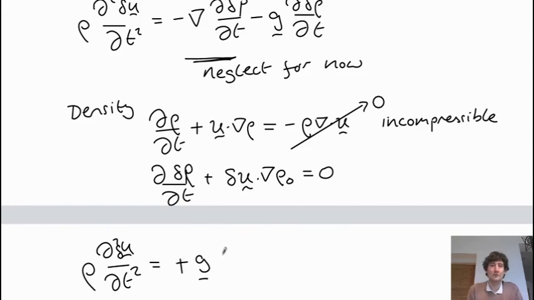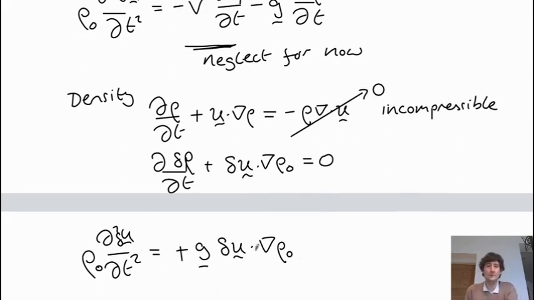Then we have g times delta u dot grad rho naught.